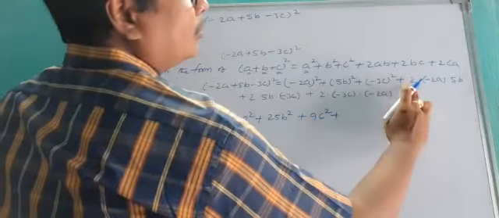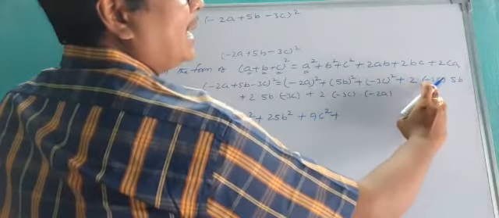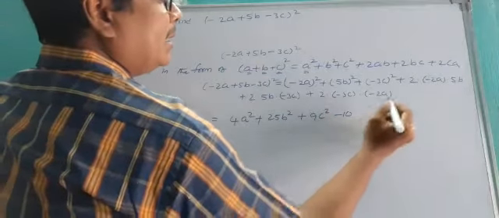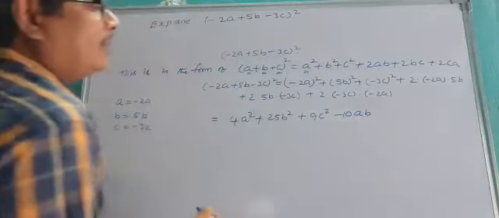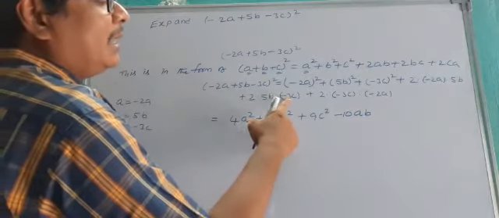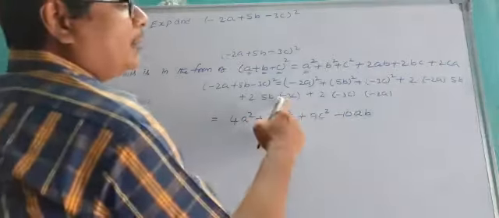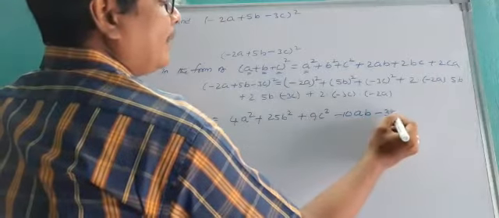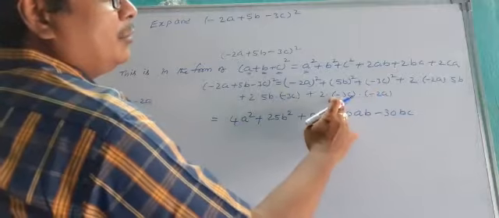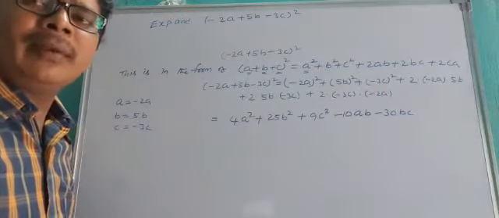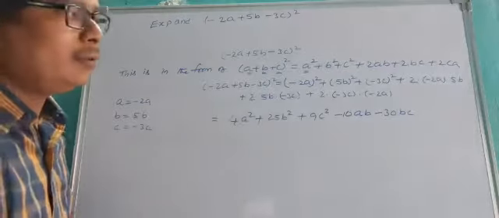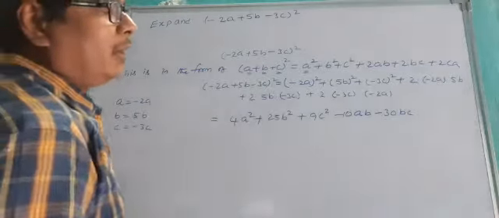Okay, so 5 into 2 is 10, 10 into minus 2, minus 20ab. Next one, plus 2 into 5, 5 into 2 is 10, 10 into minus 3, minus 30bc. Last and final, minus 2 into minus 3: the product of negative into negative is positive.